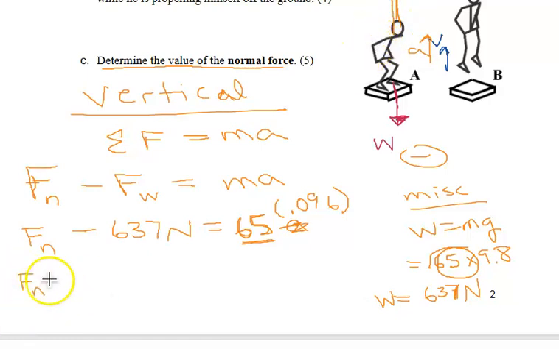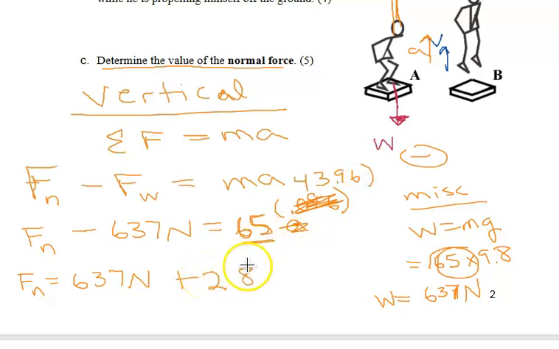So the force of the normal is, bring this over to the other side, 637 newtons plus 65 times the acceleration, 43.96, which is 2857.4 newtons.